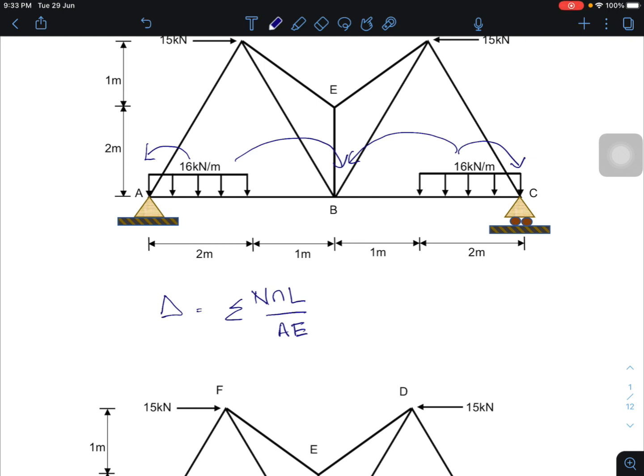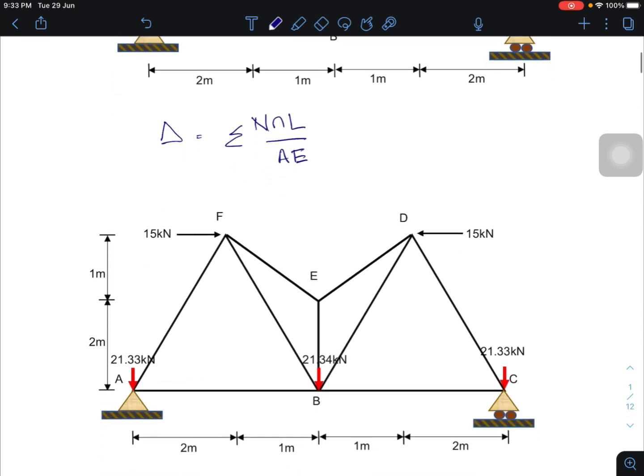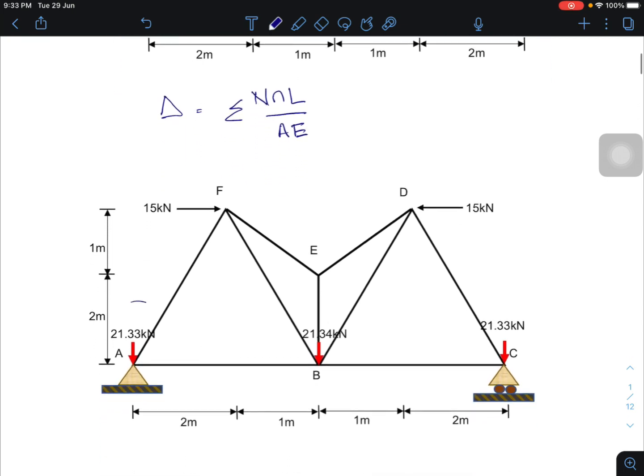This is the value at joint A, joint B and joint C from this UDL, and I will show you how to transfer load to joints in another video, so you can refer to that video.